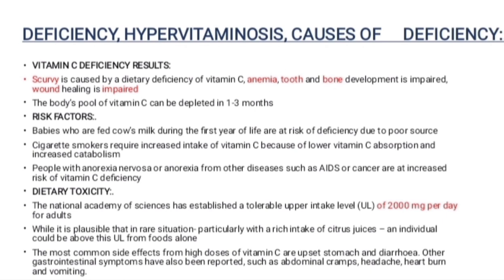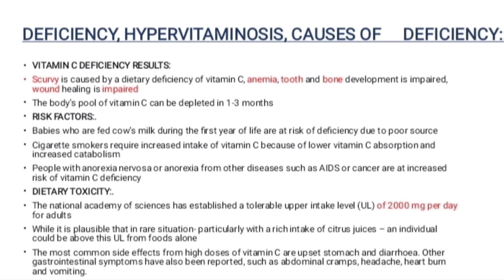It is thought that cow milk is a poor source of vitamin C as compared to human milk. So babies who are fed on cow's milk during the first year of their life are at risk of deficiency due to the poor source.